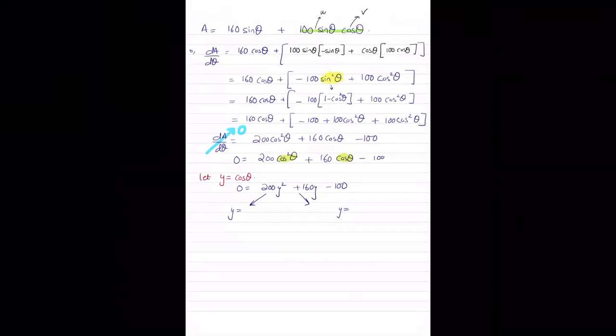Getting one of them as 0.4124. And the second value? Minus 1.2124. Okay. So y was actually cos theta.